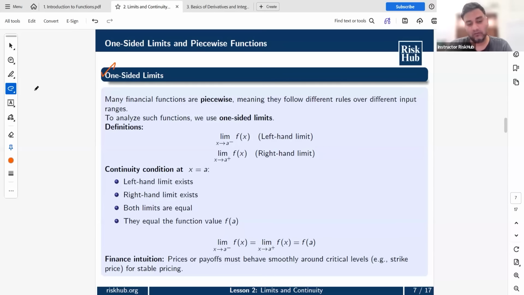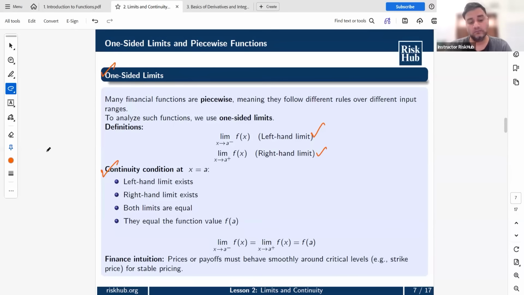If you are approaching from the left, x tends to a minus, f(x). And if you're approaching from the right, x tends to a plus, f(x). So now you have a continuity condition. What's a continuity condition, guys?